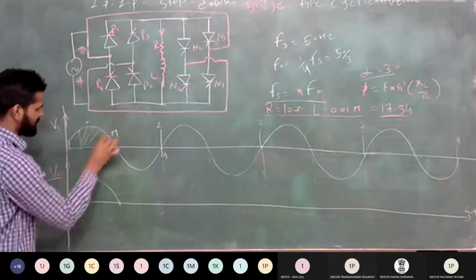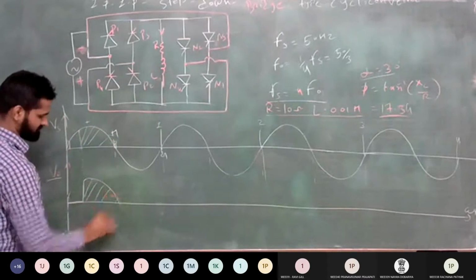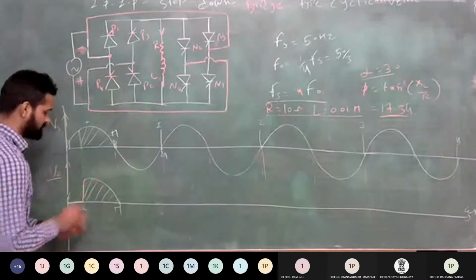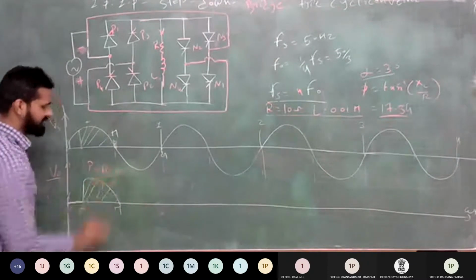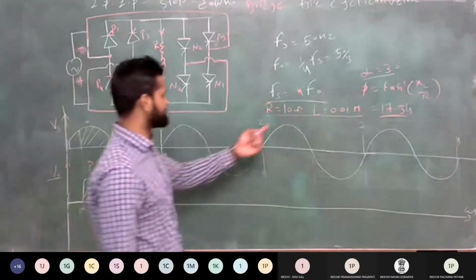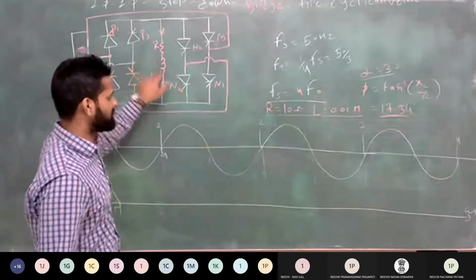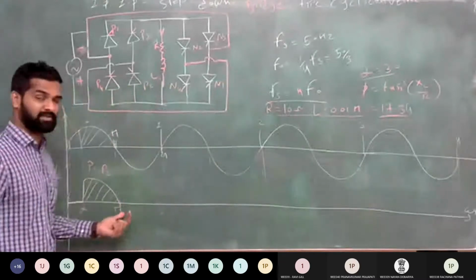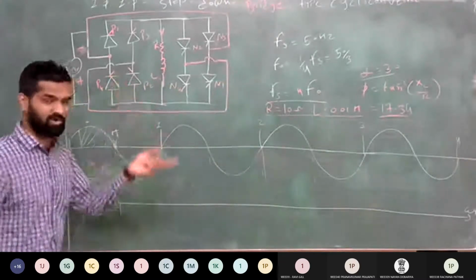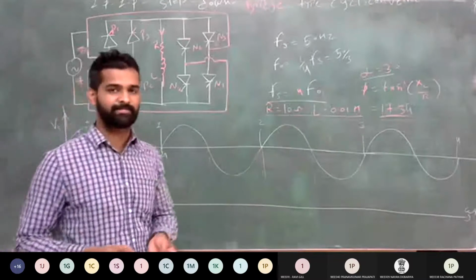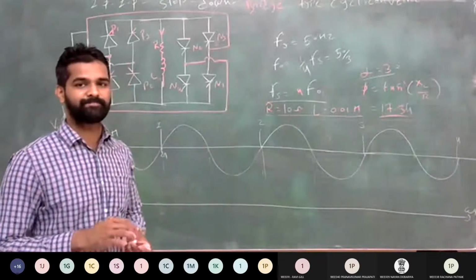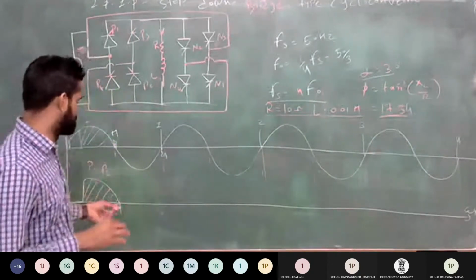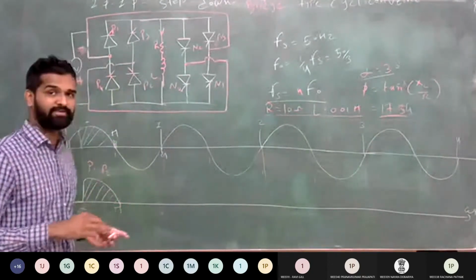This supply voltage is connected to the load side from alpha to pi by conduction of P1 and P2 simultaneously. But again you can see that this is an inductive nature of load with the angle of 17.34. What will happen after pi? Do thyristors P1 P2 turn off, or do they remain conducting? Anyone?